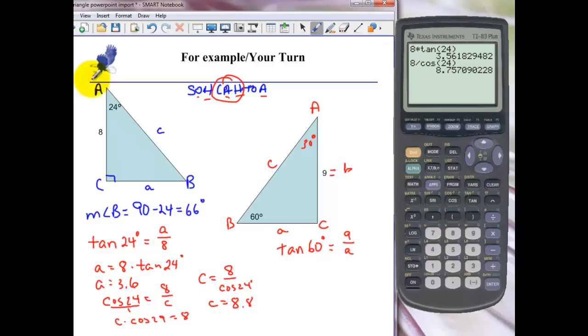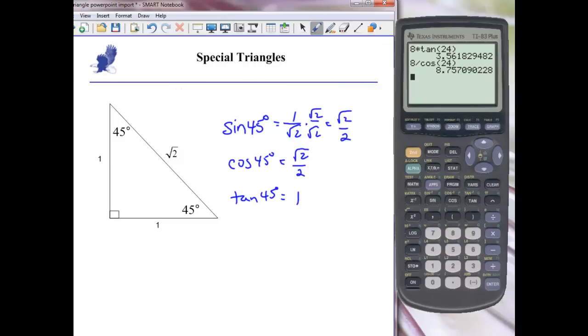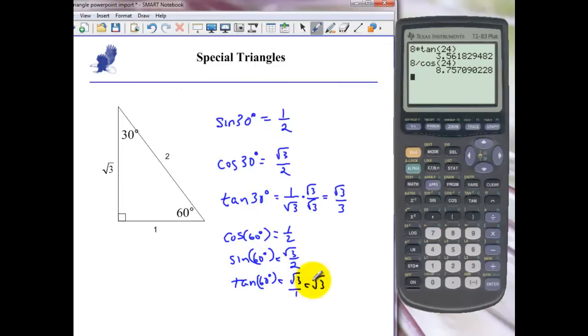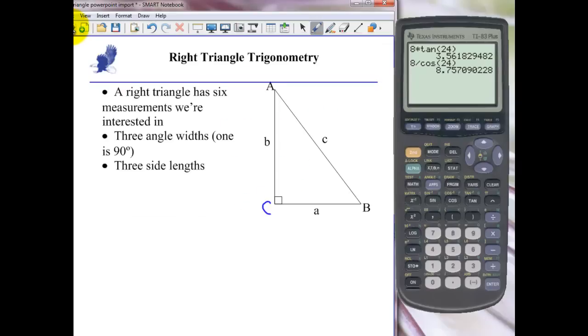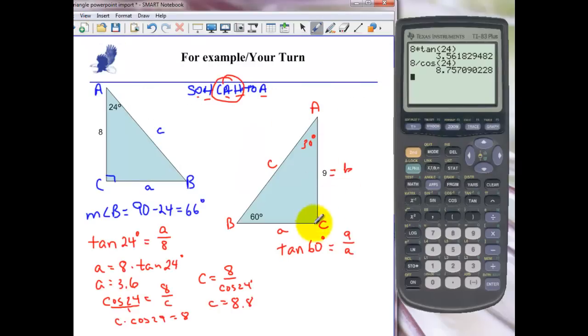And from our earlier work, we know that the tangent of 60 degrees is square root of 3. So square root of 3 over 1 equals 9 over a. So we cross multiply and divide by radical 3. And let's rationalize that. So we get 9 radical 3 over 3, and that reduces, so we end up with 3 radical 3 for a.